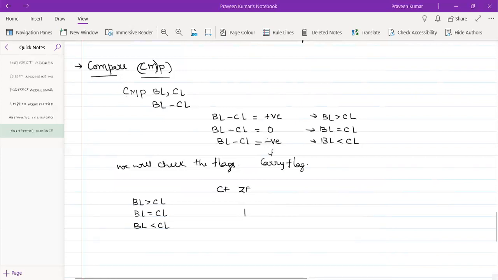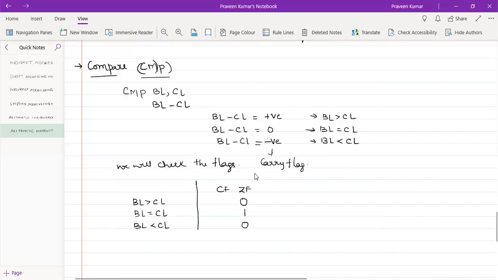With two different flags, I can have 4 combinations of CF and the zero flag. If BL is equal to CL, the value will be 0, therefore the zero flag will be set. If BL is greater than CL or BL is less than CL, then the zero flag will be 0 itself.